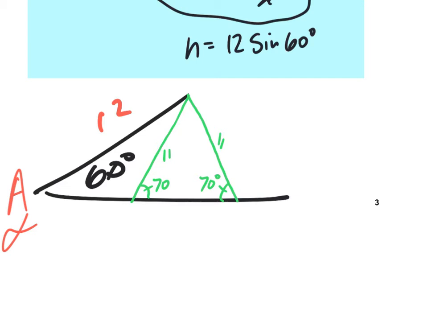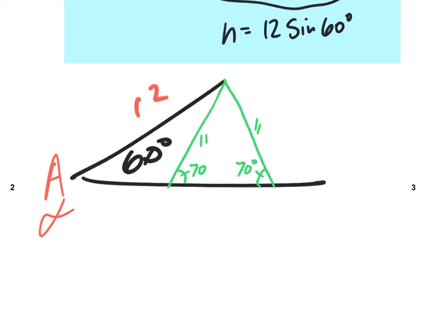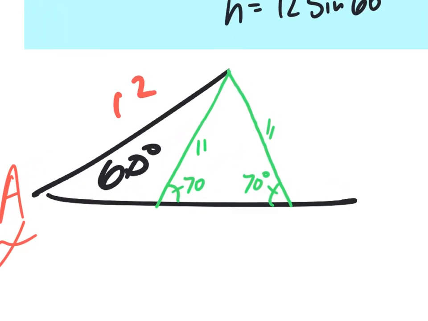So this setup right here, everybody draw it if you haven't already, is called the ambiguous case triangle. Because you can't tell if the 11-inch side is swinging left or swinging to the right.